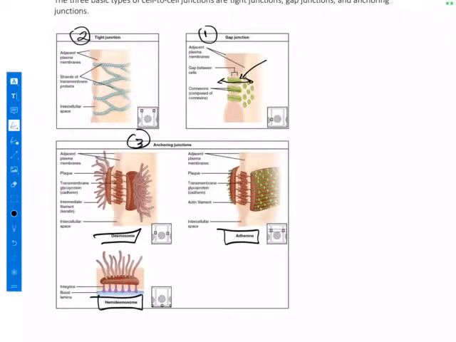So for example, they're associated with any cell that might be stretched or put under a lot of pressure. Even the heart has specialized junctions that include anchoring junctions that keep the heart cells from being pulled apart.